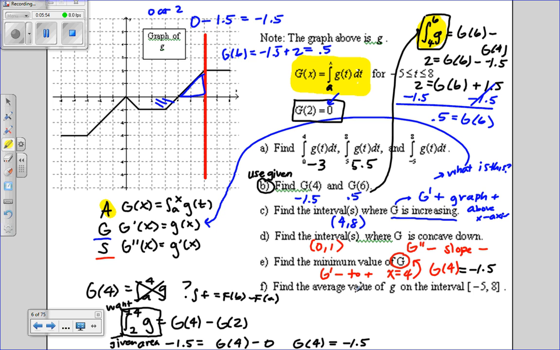And then average value is which one? 1 over b minus a or f of b minus f of a? I hope you said 1 over b minus a, the integral of f, which in this case is g. So we get to find the area here. 4, 5, 6.